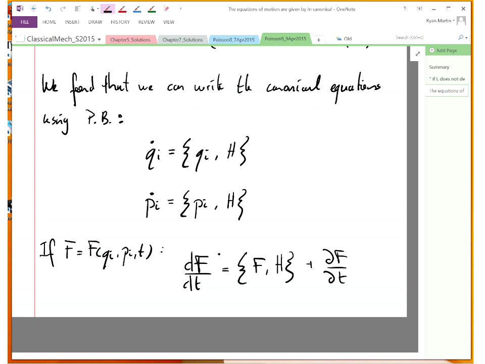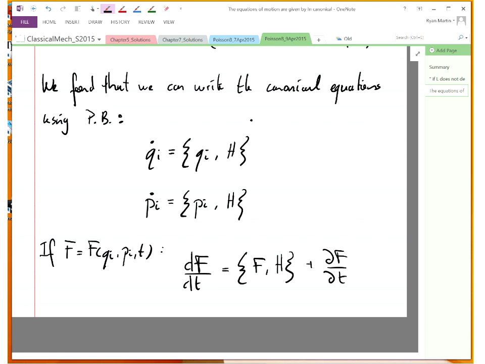So today I want to finish the chapter and go into a little bit more of these neat properties of Poisson brackets. We already see here the Hamiltonian, remember, is often equal to the total energy. So we are seeing some relationship between how something changes with time and the Poisson bracket of that something with energy.